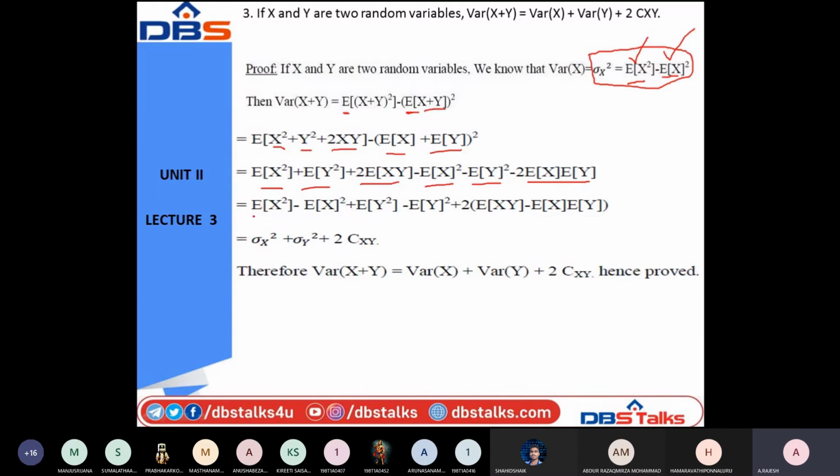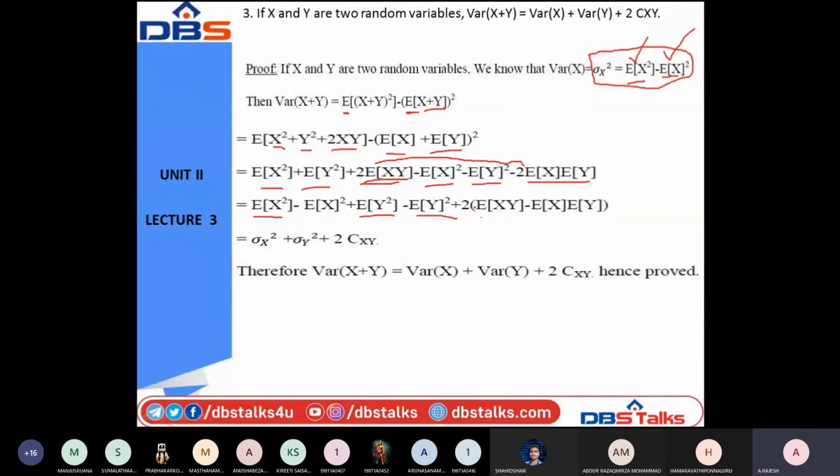So E of X square minus E of X whole square, we have arranged them in an order. So E of X square minus E of X square plus E of Y square minus E of Y square plus 2 into E of XY minus E of X into E of Y. Between these two terms I have taken 2 as common.